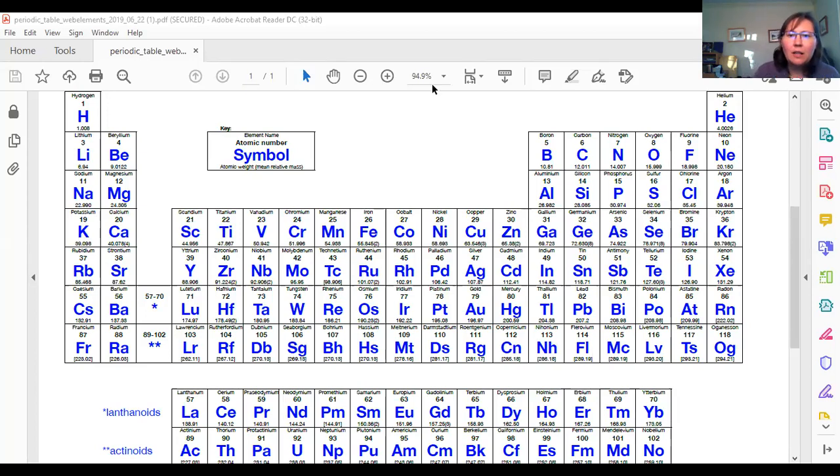So first of all, let's look at ionization energy. Ionization energy is the energy required to remove an electron.